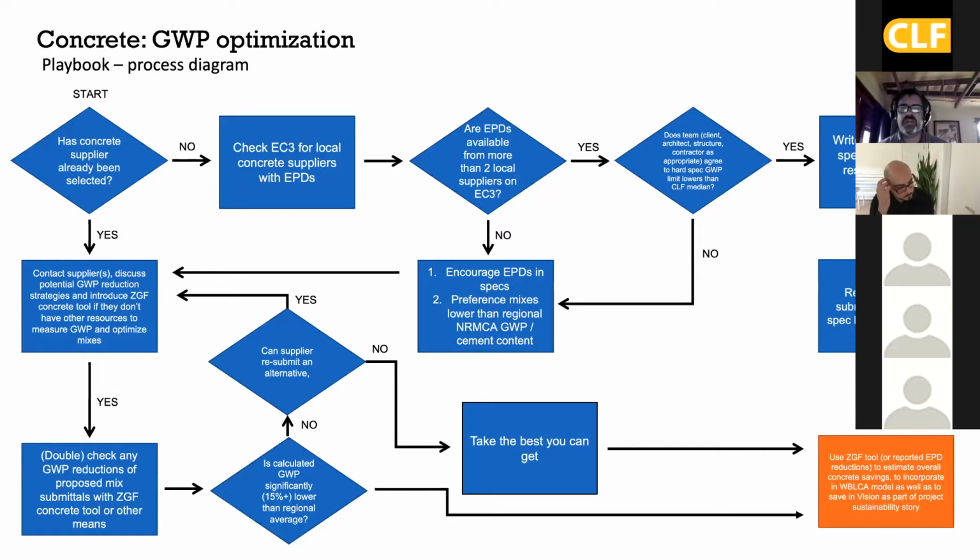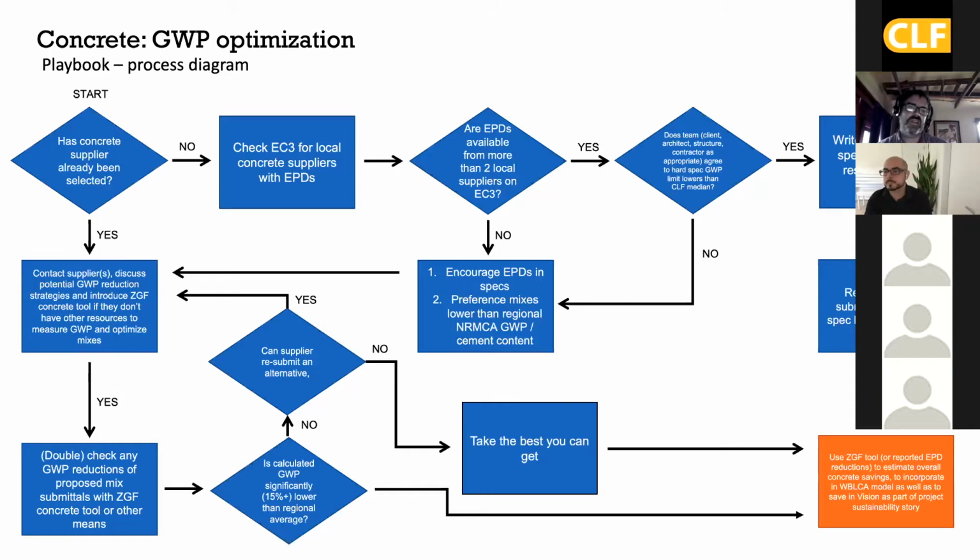For other projects where EPDs aren't available, we're working with the local contractors and providing, from our tool, the NRMCA global warming potential cement content limit, and asking that they provide mixes that can be better than that regional average. So it's a little bit flexible depending on the context.